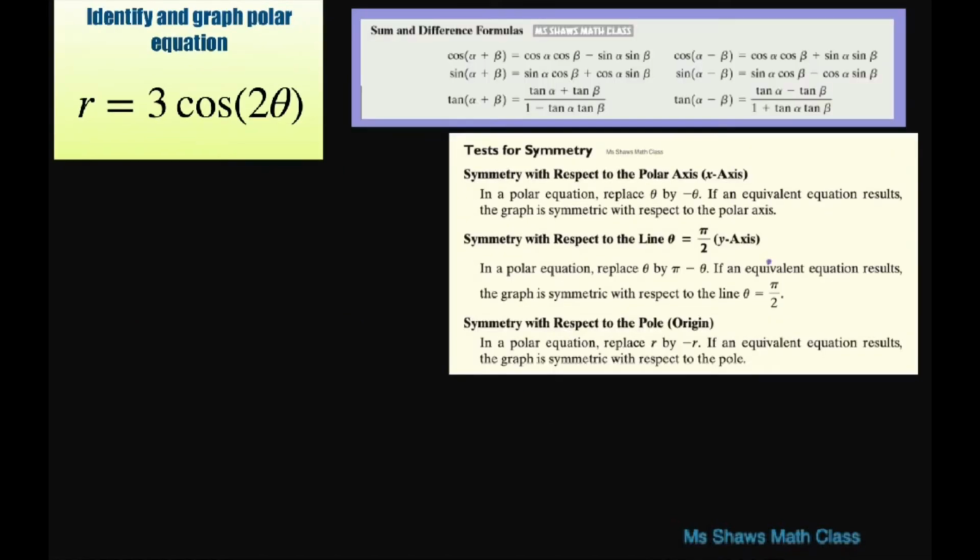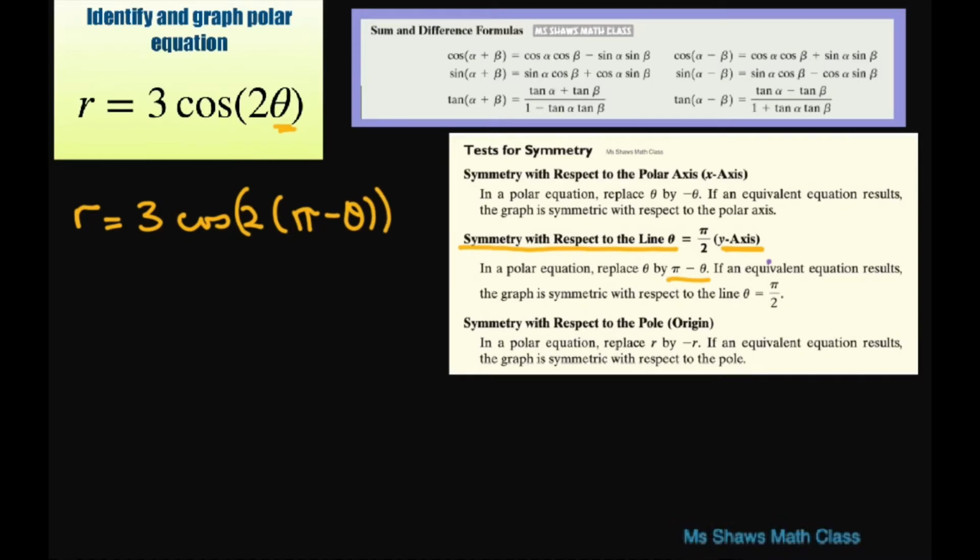Okay, the next one is the hardest one, and that's to see if it's symmetric to the line theta equals pi over 2, which is just the y-axis. So you take your r equals 3 times cosine of 2 theta, and then you're going to substitute in pi minus theta for theta.